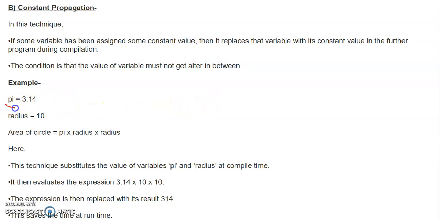Suppose you have pi equals 3.14, radius equals 10, and later in your program these constants are used. The optimizer substitutes the values of pi and radius at compile time. So the expression written by you will be converted to 3.14 multiplied by 10 multiplied by 10, and the expression is then replaced with its result, that is 314. This saves time at runtime.